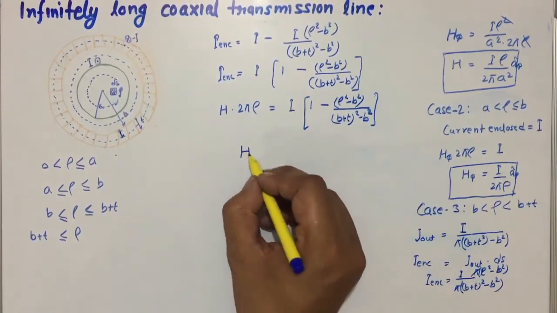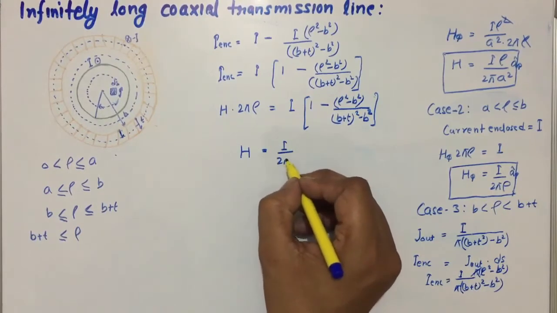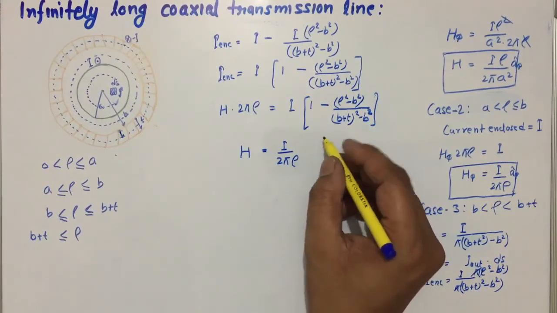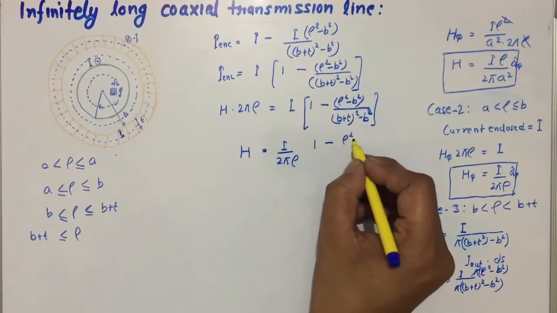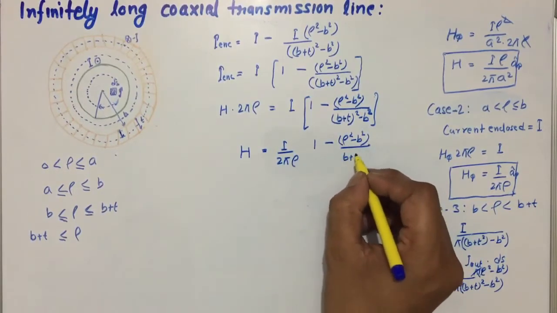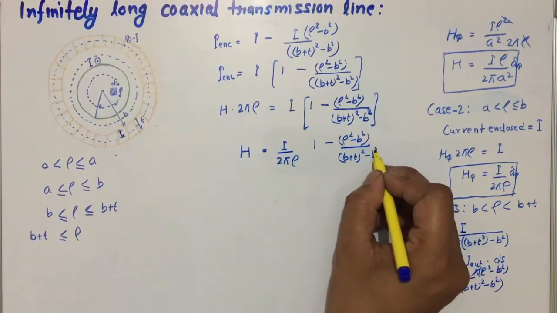From here H can be written as I by 2 pi rho times 1 minus rho squared minus b squared divided by b plus t squared minus b squared.